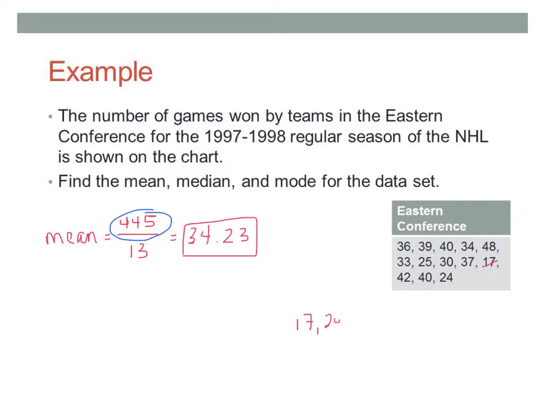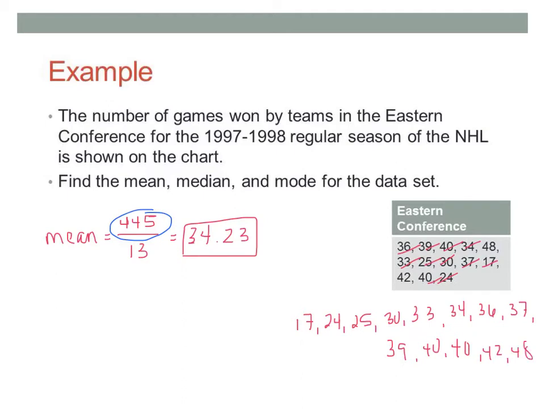And then 24, 25, 30, 33, 34, 36, 37, 39, 40 happens twice, and so we do need to make sure to write it down twice. 42 and 48. All right.